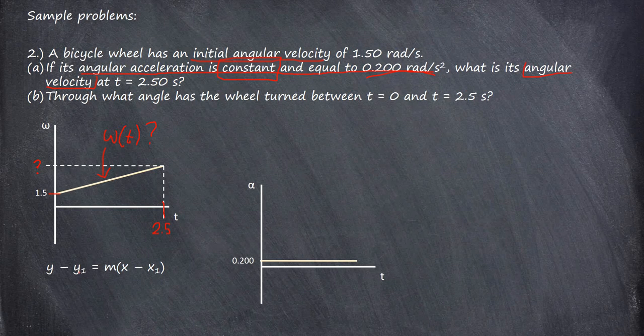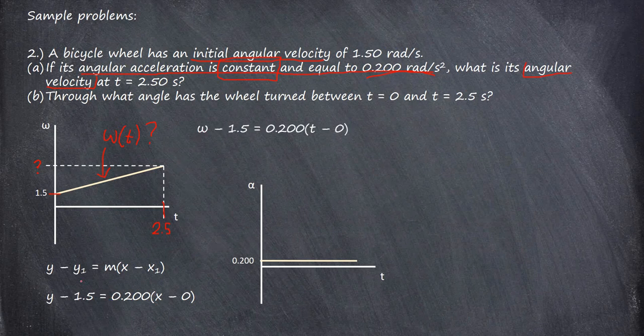Here, our y1 is the initial y, that is 1.5. Our slope is 0.2 because that's our acceleration. Our x we leave there. And our x1 is 0 because it's at t equals 0 where 1.5 is.